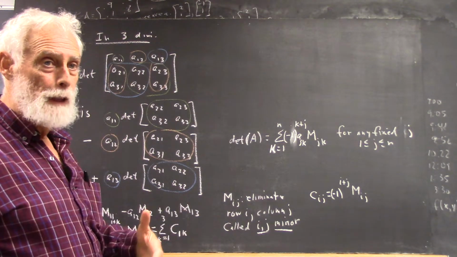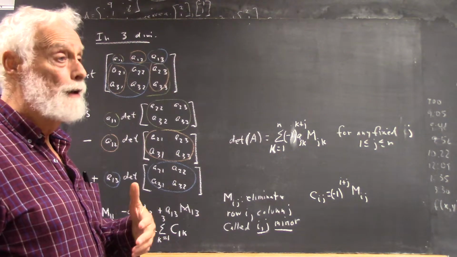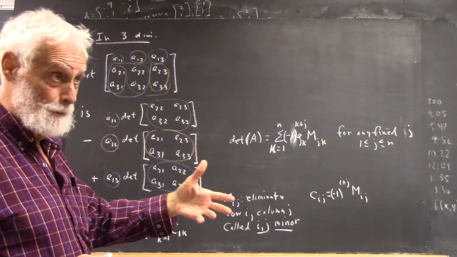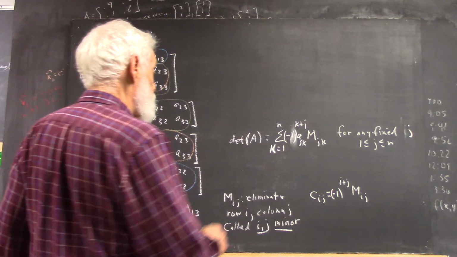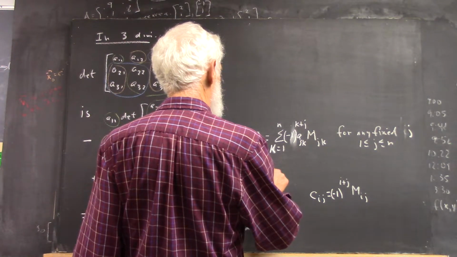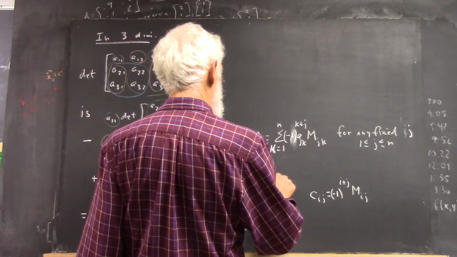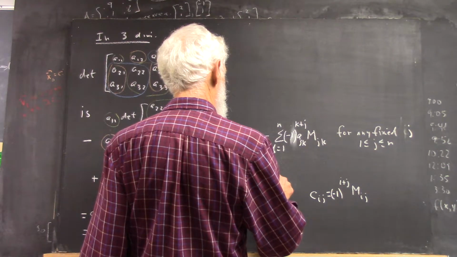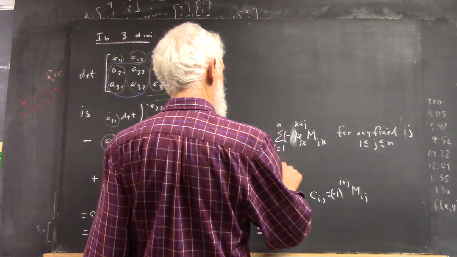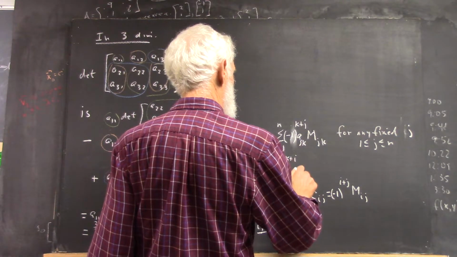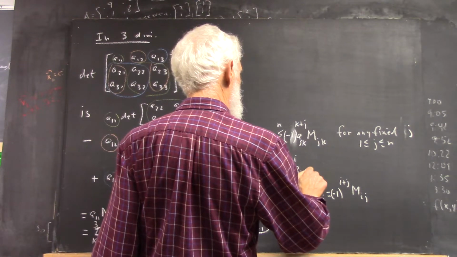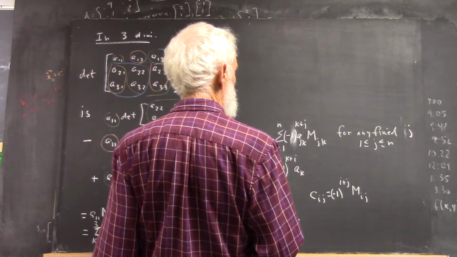The determinant of a matrix can be proven easily to be equal to the determinant of its transpose, where the rows become columns and the columns become rows. So we can say that this is equal to the sum for k equals 1 to n of negative 1 to the k plus i, a k, you know, I should have used i here.